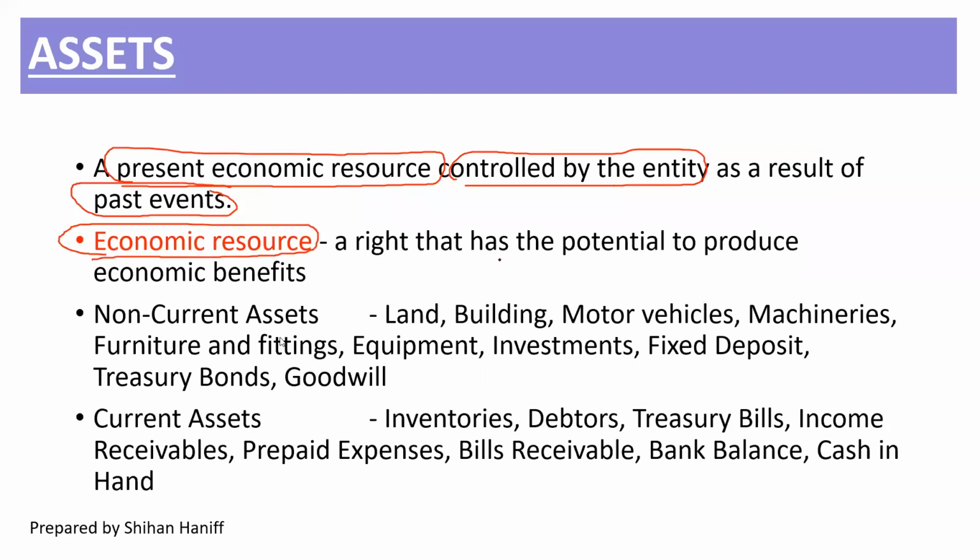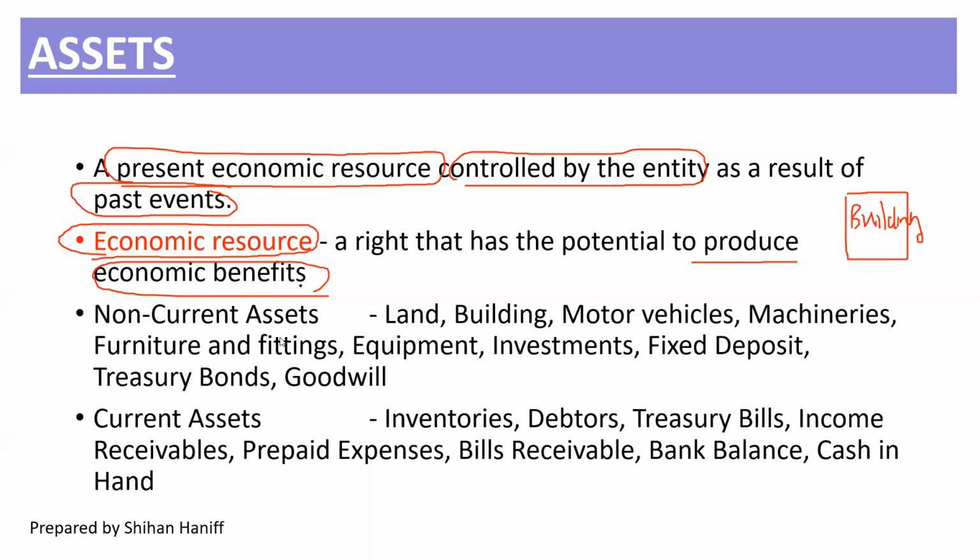That means this asset has a right to produce economic benefits. For example, we have a building. Building is an asset. So from this building, you can produce economic benefits. Either you can rent it out or use the building to earn money.